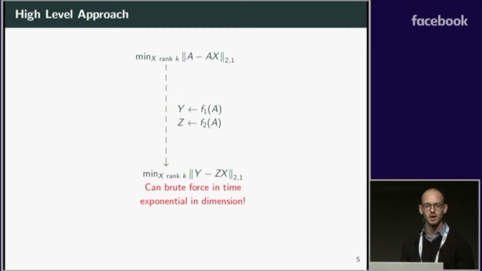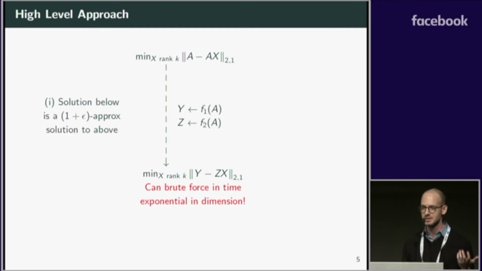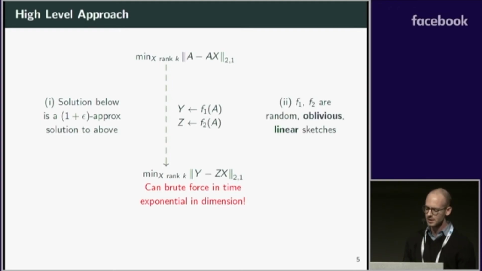Now I claim if we show three things, we'll have shown our claim. The first is that the solution below is indeed a 1 plus epsilon approximate solution to the first problem. The second is that f1 and f2 are what's called oblivious linear sketches, which means that they're linear functions, and so they're matrices, and the entries of this matrix do not depend on A. This means that we can compute these matrices without even seeing A in the first place, and then exploit linearity as every incoming data point comes in.